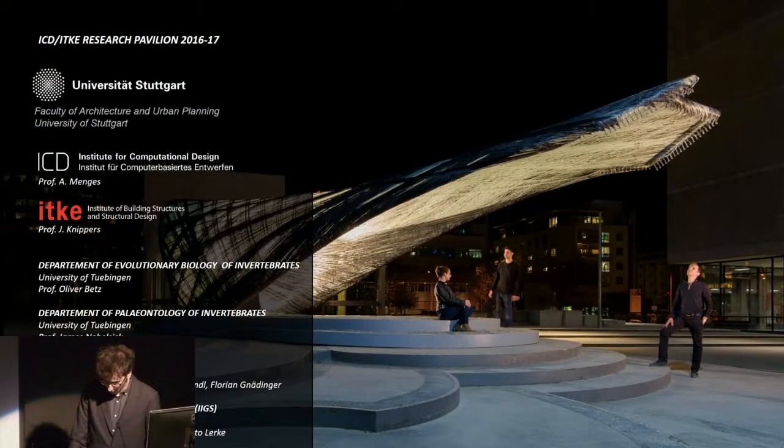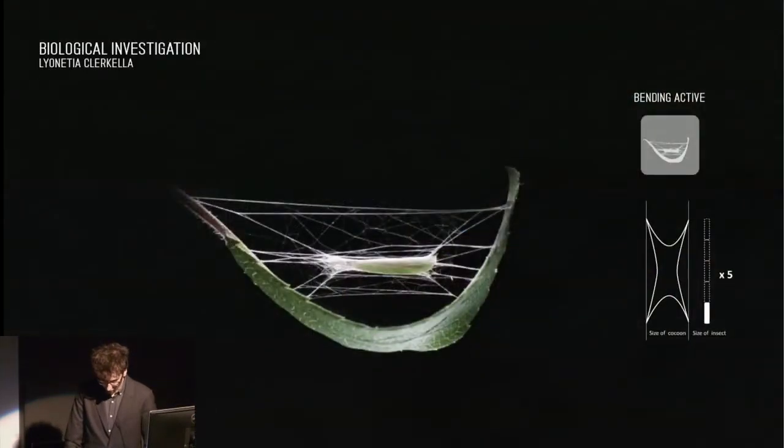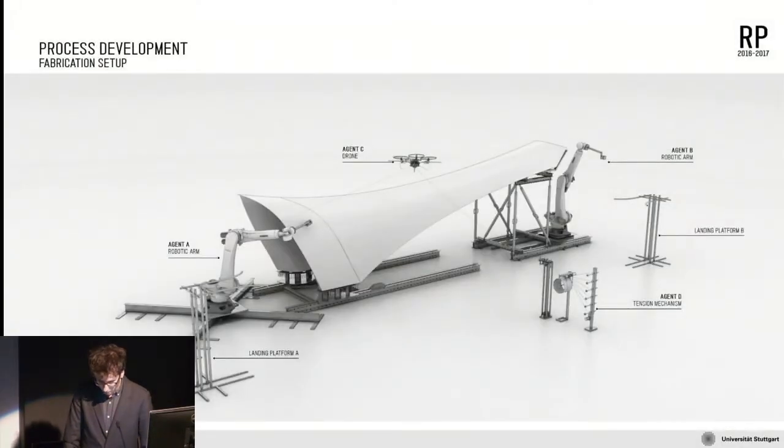And the last fiber pavilion that was built just last year followed a similar logic by lending some ideas from the leaf miner moth, whose larvae are actually spinning these silk hammocks, bending the leaf into a certain shape while it's spinning its cocoon.